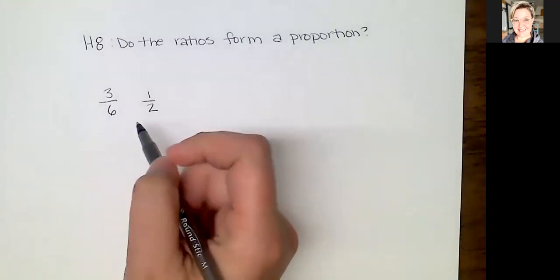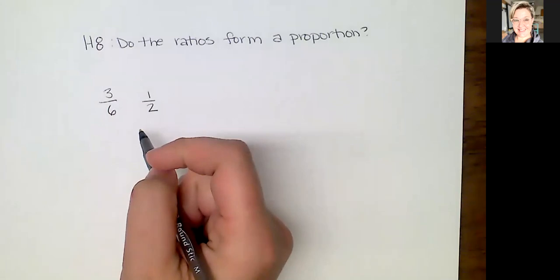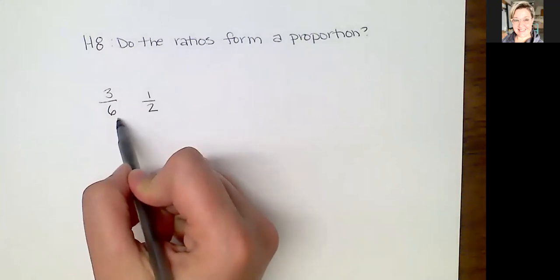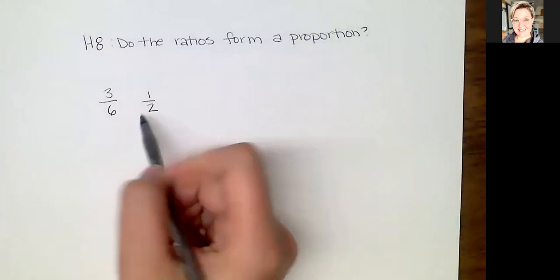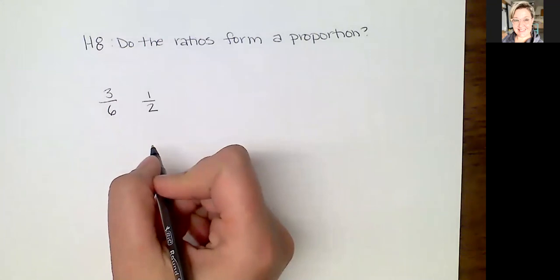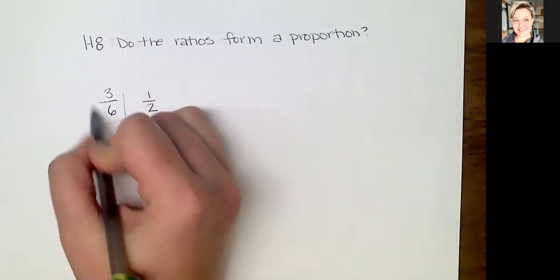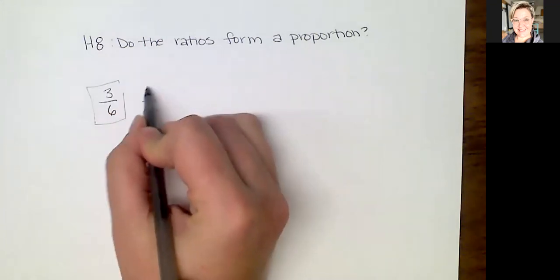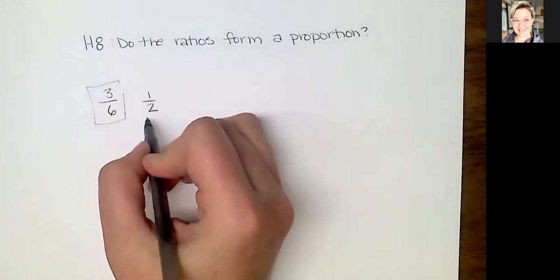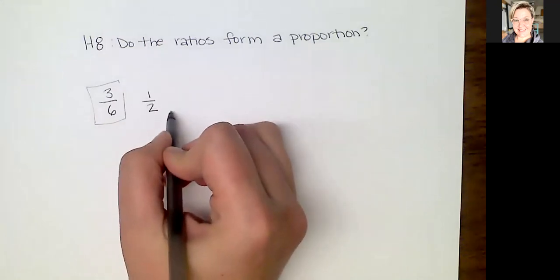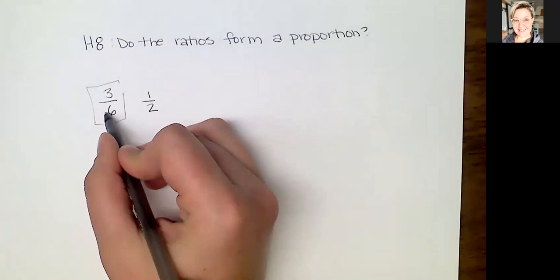We're going to try and compare them using a common denominator. So the denominators are 6 and 2, and we can use 6 as the common denominator because 6 is a multiple of 2. So we're going to leave 3 over 6 as it is, and we're going to change this ratio into a fraction with the denominator of 6 so we can compare it to this.